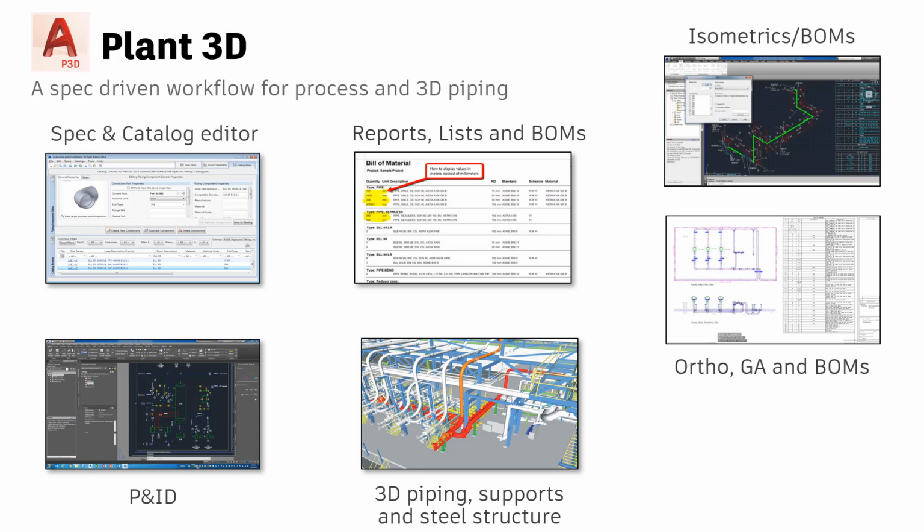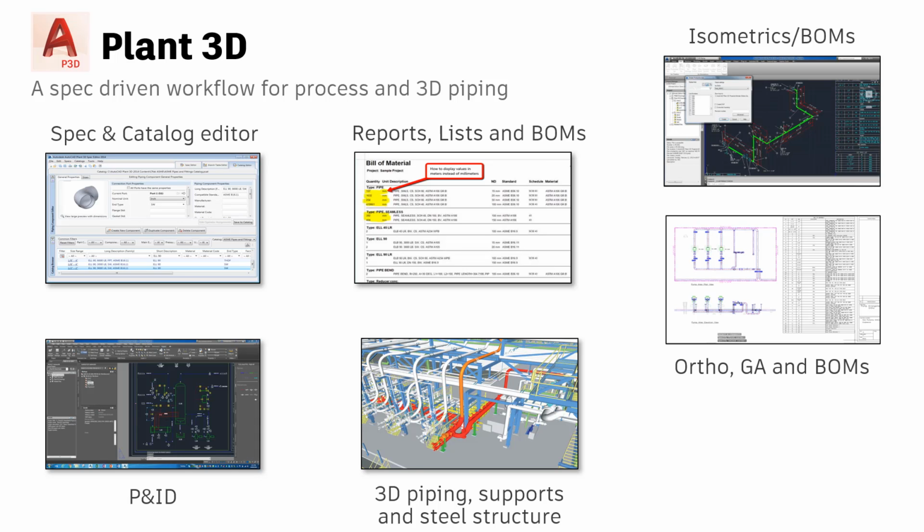As I said, AutoCAD Plant 3D covers the production of P&ID drawings based or not on specific piping specification, which are of course also based on manufacturers' catalogs. And AutoCAD Plant 3D also covers 3D piping and of course supports and some light early stages steel structure.